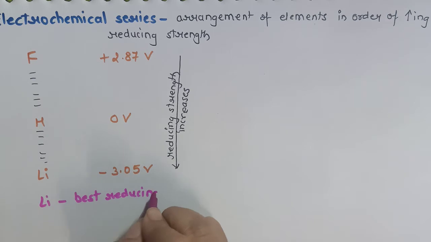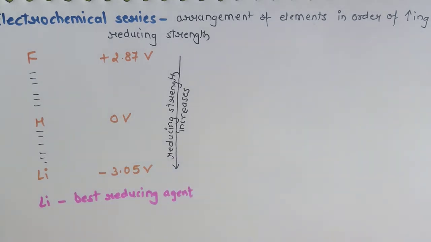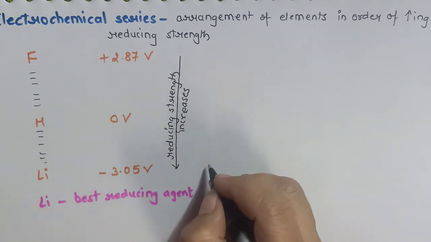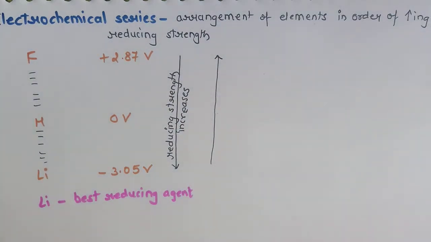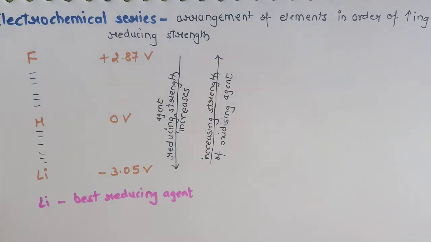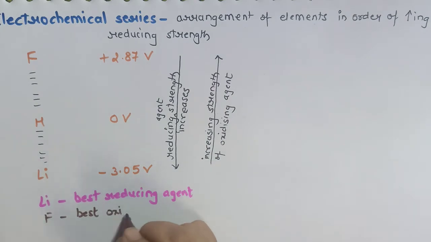It has the least SRP value. If we move towards fluorine, that is towards the top of the series, the reverse happens. The oxidizing agent strength increases. That means if I look at the overall values of SRPs, fluorine will be the best oxidizing agent.